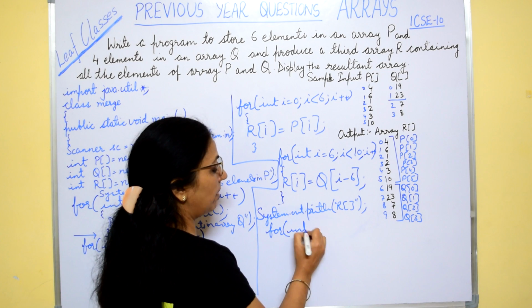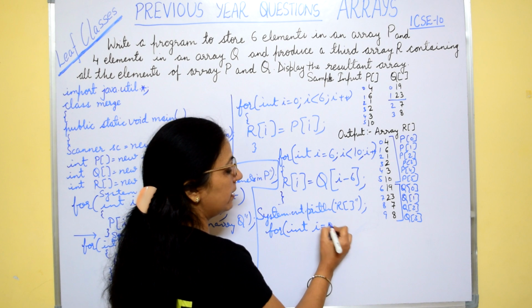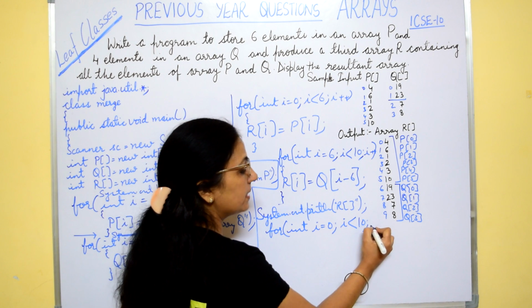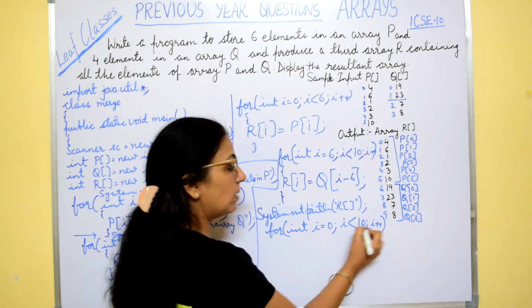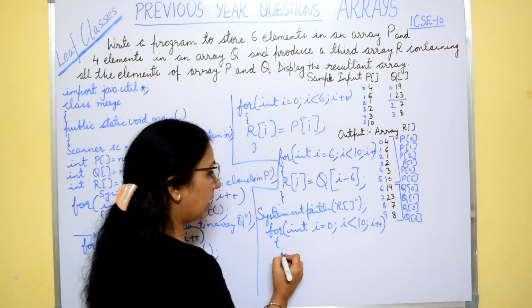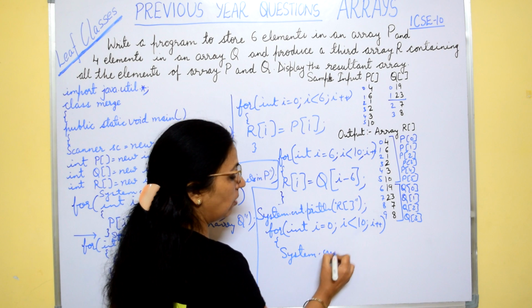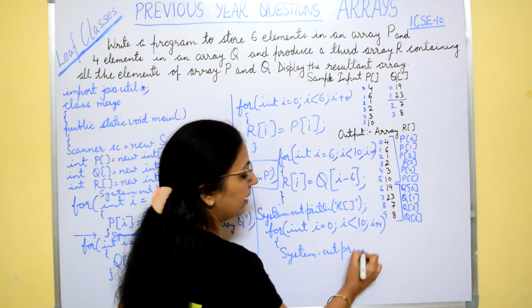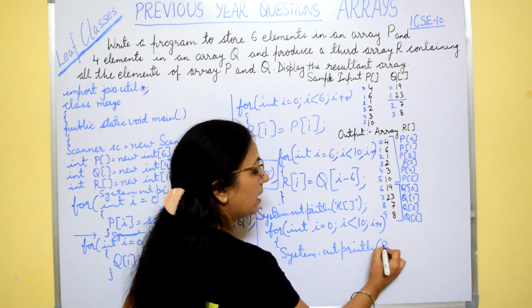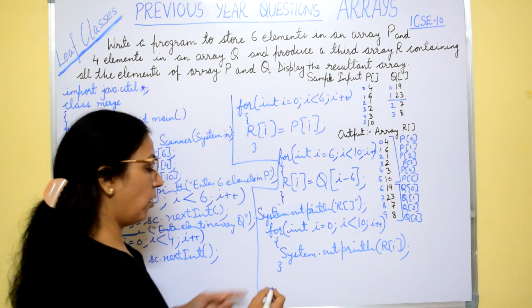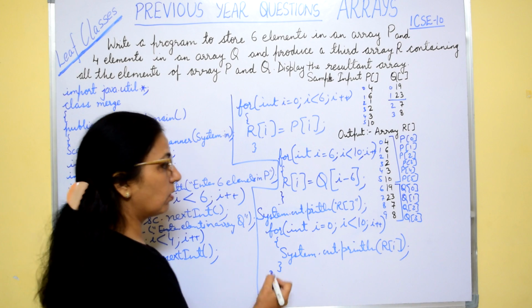And we know that the first subscript is always 0 and the last subscript is 9. So 0 to less than 10, or 0 to less than or equal to 9. And here simply you have to print System.out.println of R[i]. That's it. You close your for loop, you close main and then you close class.